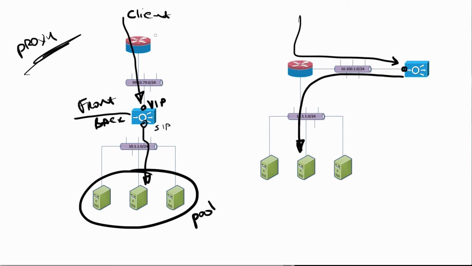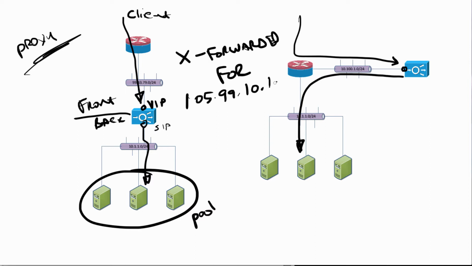So what we do is we put in an X-forwarded-for header and insert that into the request. So the client makes a request, it hits the VIP, the load balancer inserts a header into the HTTP request and then sends that to the server. And that header that it's going to insert is going to be the IP address of the client.